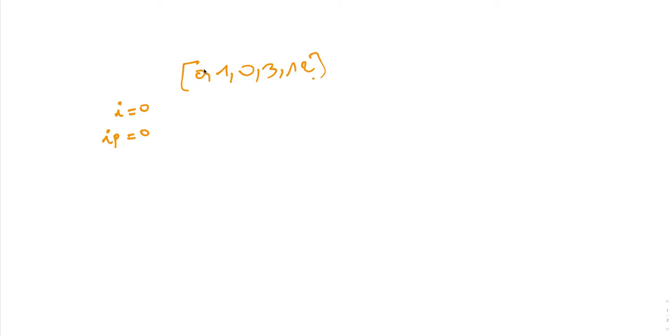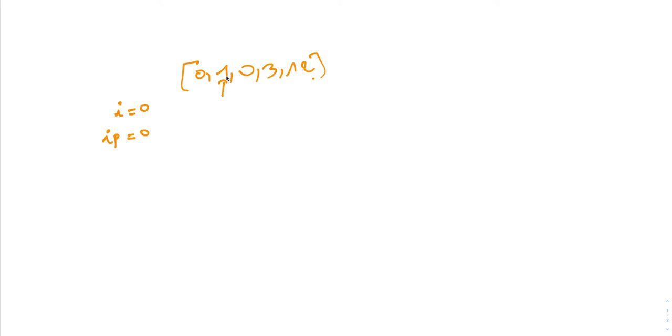And then I'm going to loop through all the elements of my array. So I at first will be here. I'm going to check if the value of this element is equal to 0 or different from 0. For the moment it's equal to 0, so I'm going to do nothing, just increment my I.